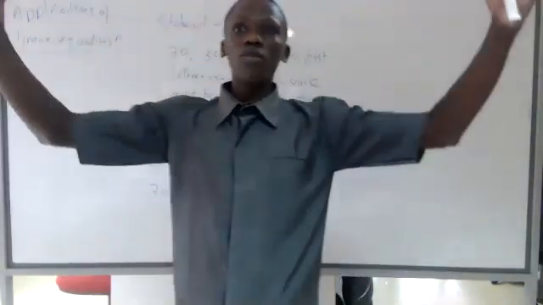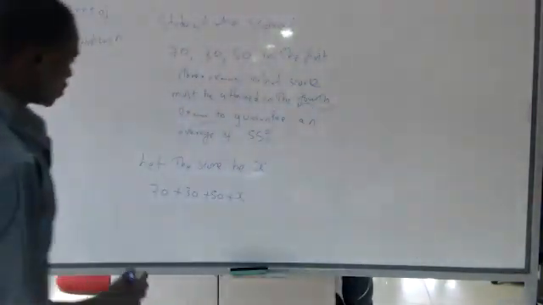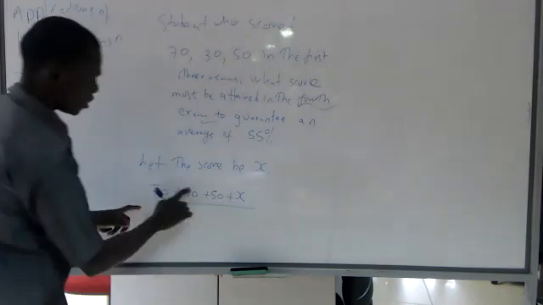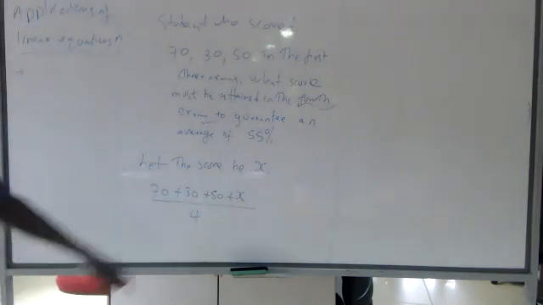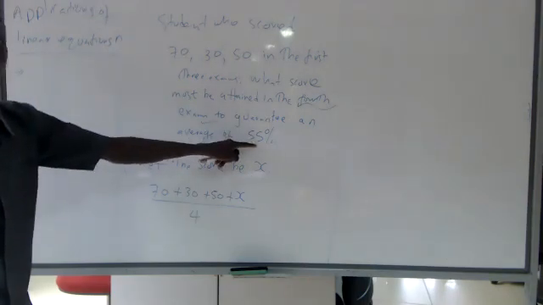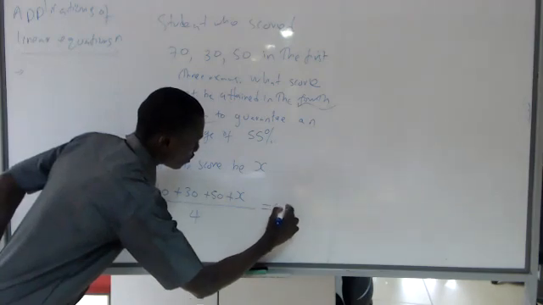It's simply the sum of all the items divided by the total number of the items. So in this case, we have added 4 terms. This should give us the average. We are aiming to achieve an average of 55. So take this and equate to 55.